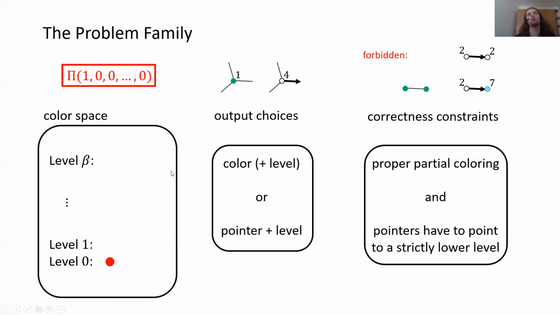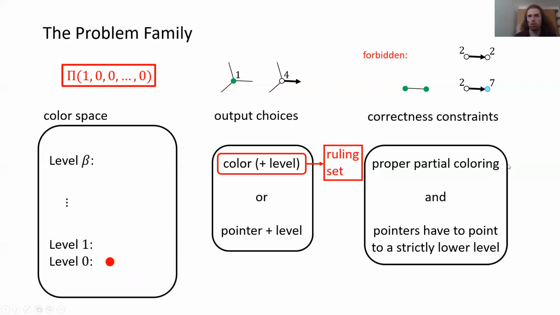And I claim that if we have a correct solution to this problem, then in 0 rounds of communication in the local model, we can transform this solution into a correct solution to a 2 beta ruling set problem by doing just the following. Each node that outputs a color in the solution to this problem will go into the ruling set, while every node that outputs a pointer and a level will instead not go into the ruling set.